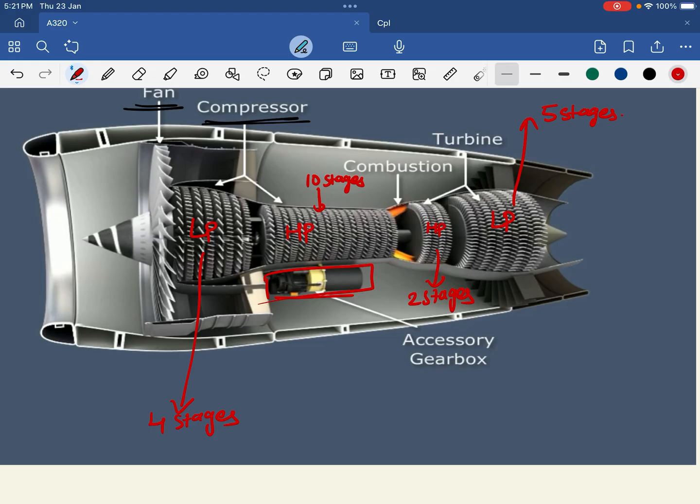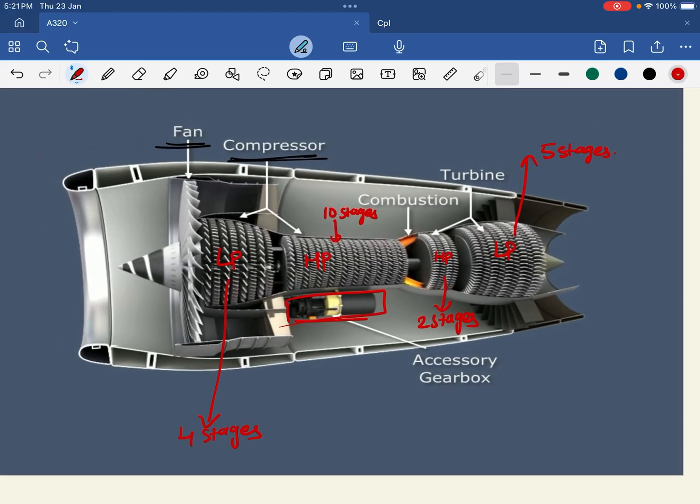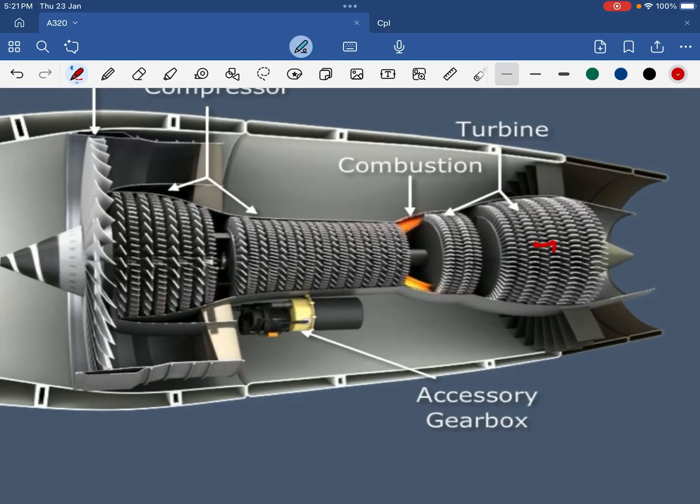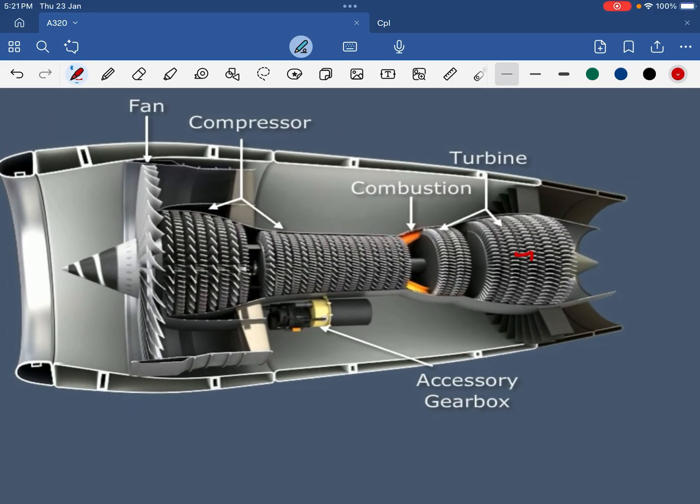Now let's see the working. How does the jet engine work in the 320 aircraft? It is similar to a normal jet engine. Air enters through the fan. After that it is compressed in the low pressure compressor. After that, the air is divided into two parts.